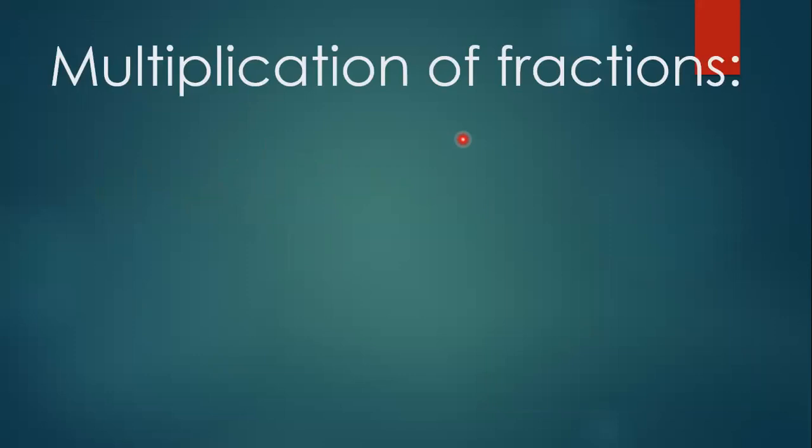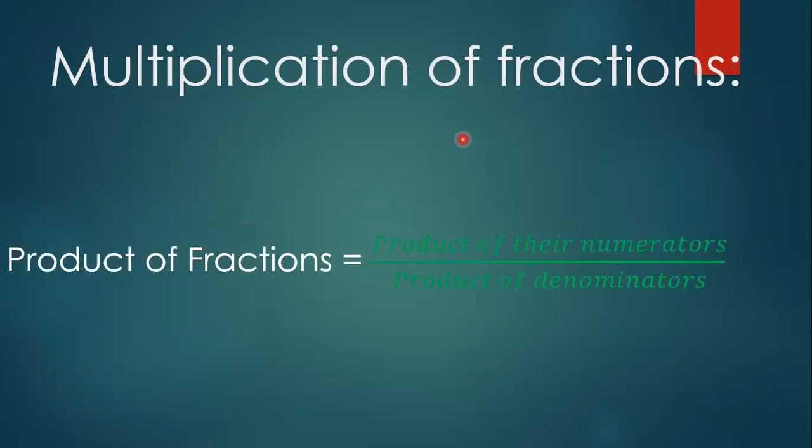Multiplication of fractions. Suppose you have two fractions a by b multiplied by c by d. Here you are not going to be concerned with the denominators, whether they are same or not, whether you are supposed to convert them into like fractions or not. You'll simply multiply the numerators and the denominators. So the product of two fractions is always going to be the product of numerators over the product of denominators.